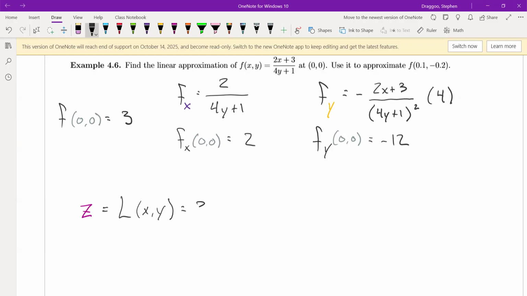I am looking at my z value, which is 3, plus 2 times x minus 0, minus 12 times y minus 0.